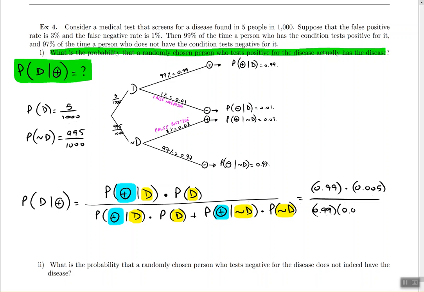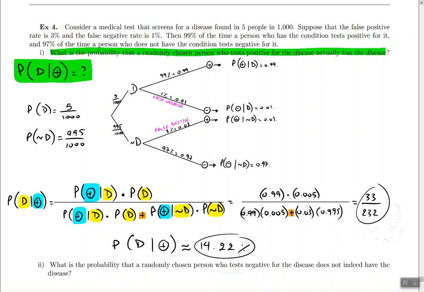That's the first part of the denominator. Then I'm going to add, so that addition sign you're seeing right there in the middle is this addition sign, the probability of P given not D. So that's 0.03 multiplied by the probability of not D, so being healthy, which is 0.995. Let's type all of this into the calculator and see what we get. We find out that the number is, roughly speaking, 14.22%.